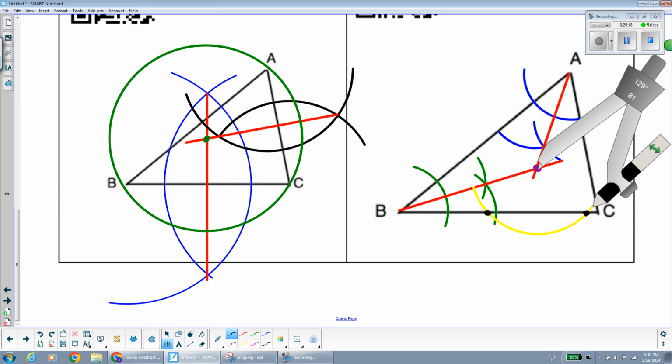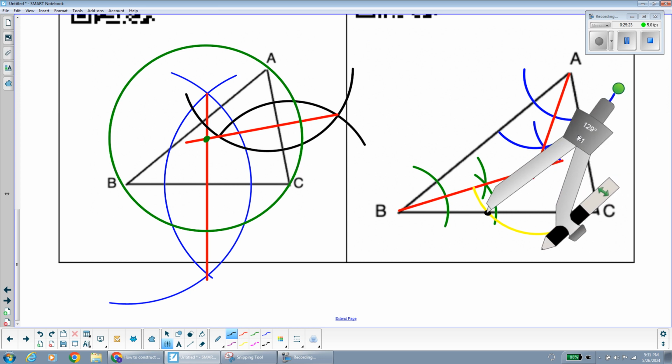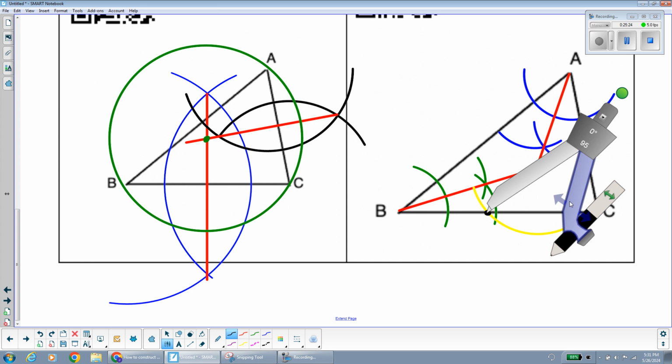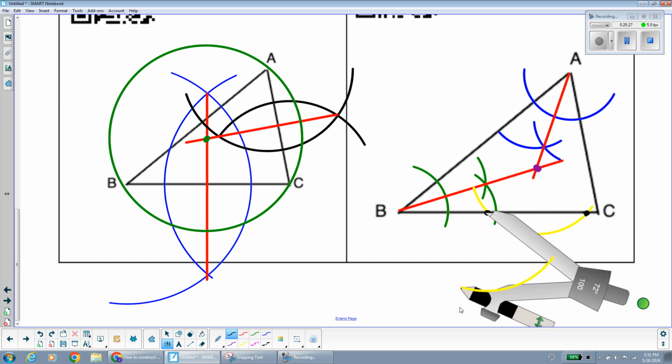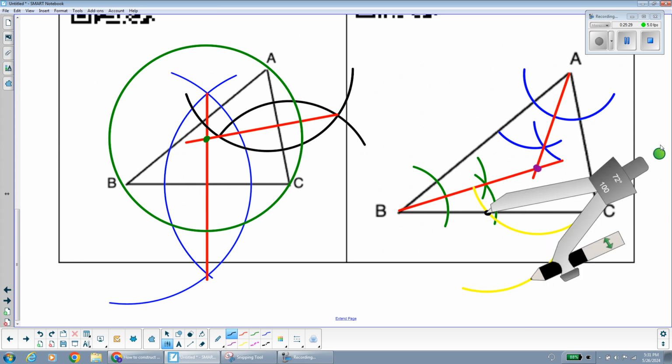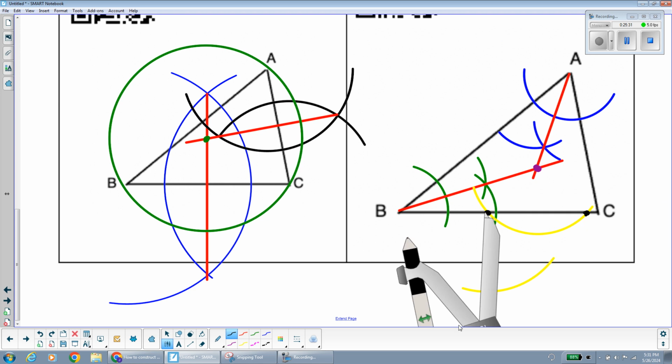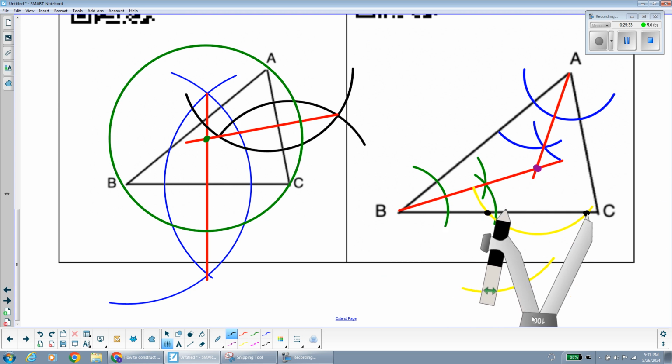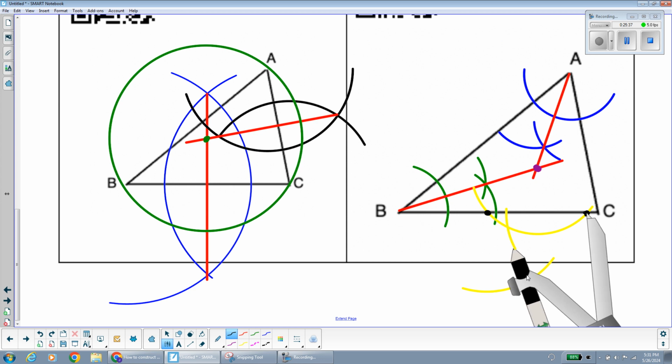I'm going to take my compass and go over to one of those intersection points and slightly make my distance a little bit bigger and make an arc. And then using the same distance, I need to go over to the other intersection point and make the same arc.